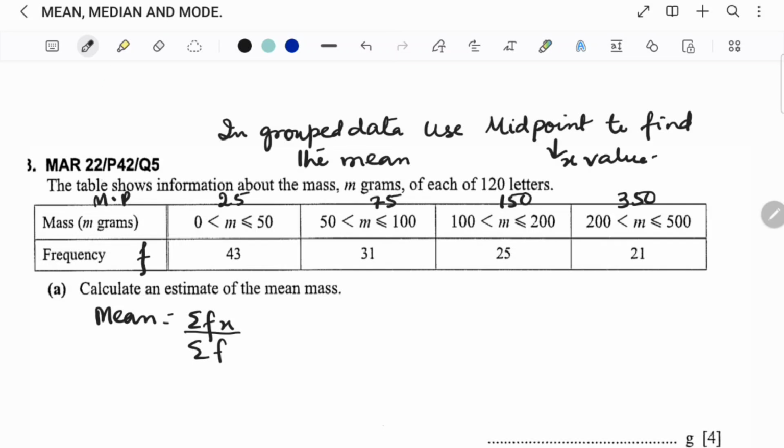So these values are your x, and this is f. x and f, x and f. So you multiply these, not the boundaries. Right now we are going to multiply: 43 into 25 is your first number, x into f. I'm writing down 25 into 43.